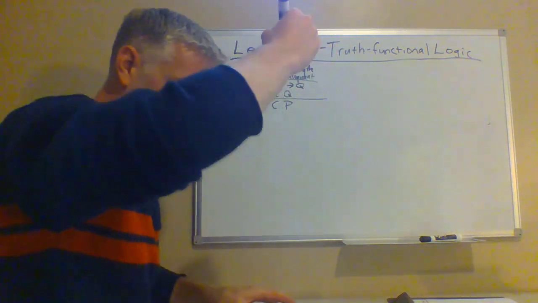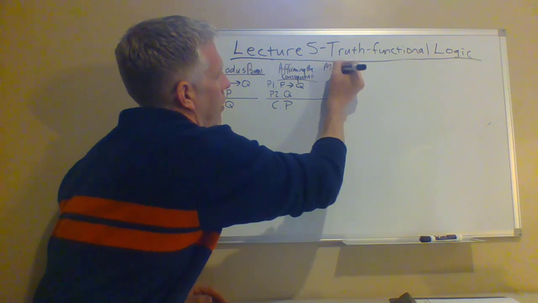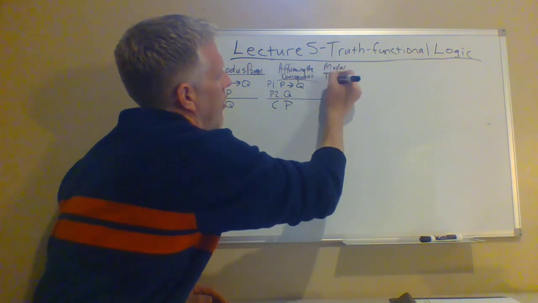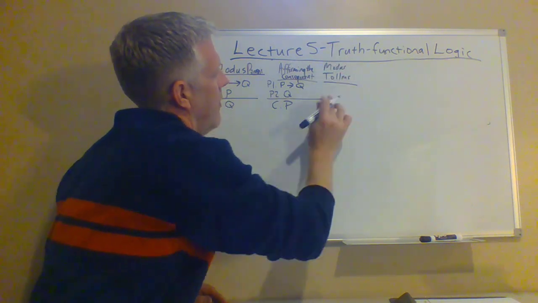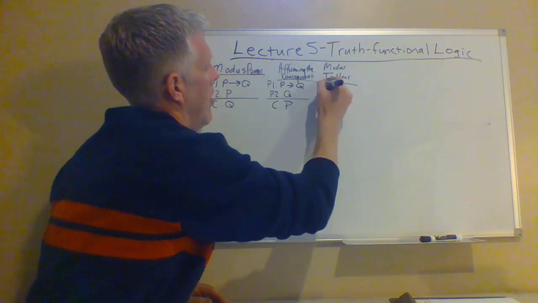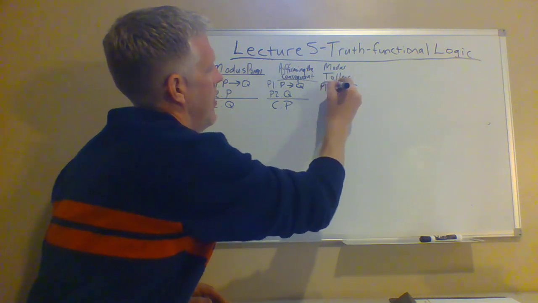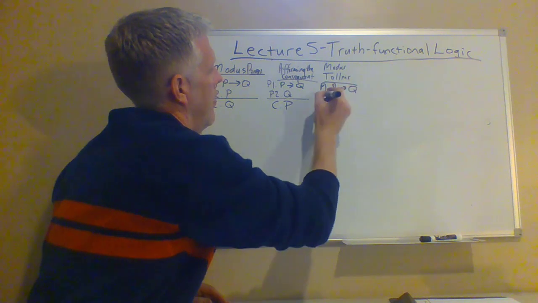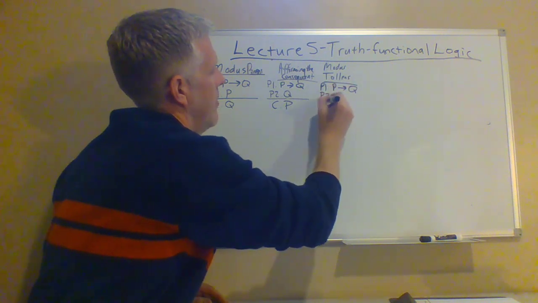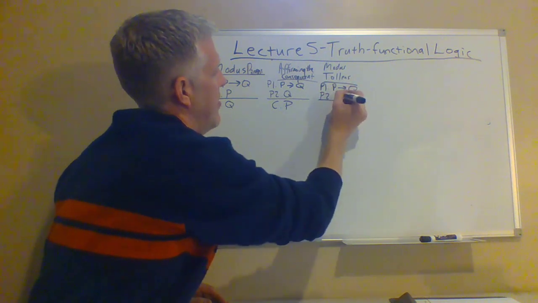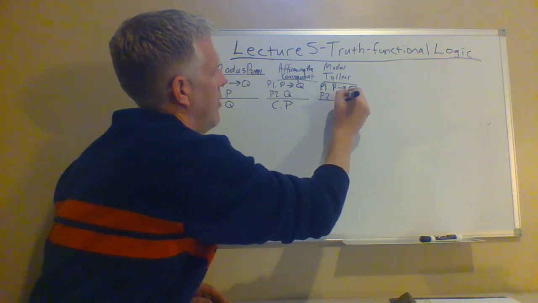Next we have, turning to slide 15, modus tollens. And the way this one works is like this. Sometimes it's referred to as denying the consequent.